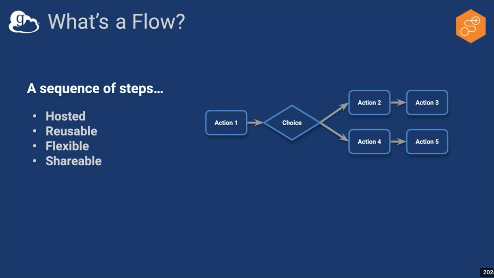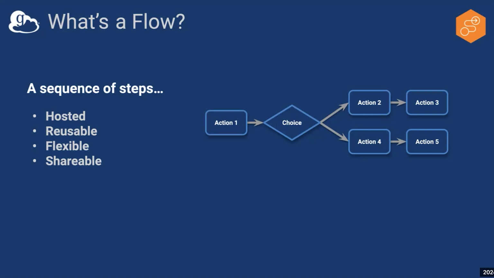It is also shareable. So as I mentioned before, it can be shared with other users and groups, and we have multiple types of distinct roles that are defined that you can take advantage of. And it can also present a customizable interface via the Globus web app. And so in addition to being available through things like the CLI and the SDK, if you provide an input schema, so defining what your input is, you get a nice web renderable form that people can interact with and has some really cool functionality built into it to make it easy to use and to launch new runs of that flow.